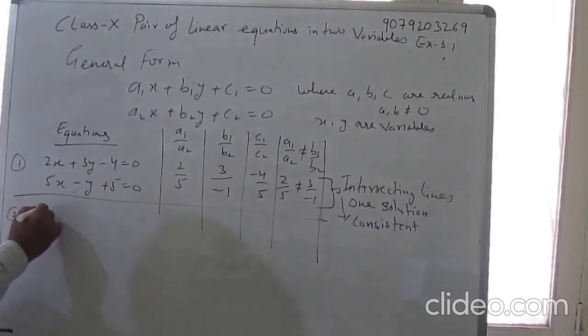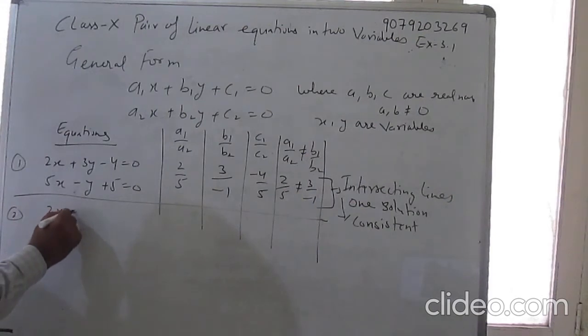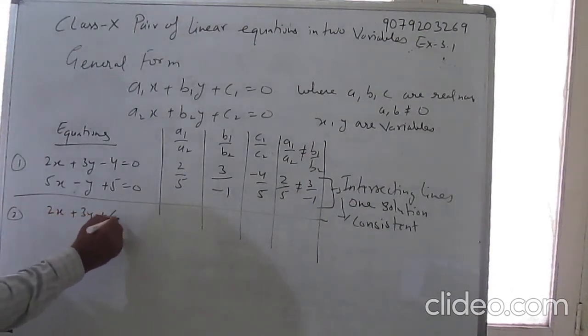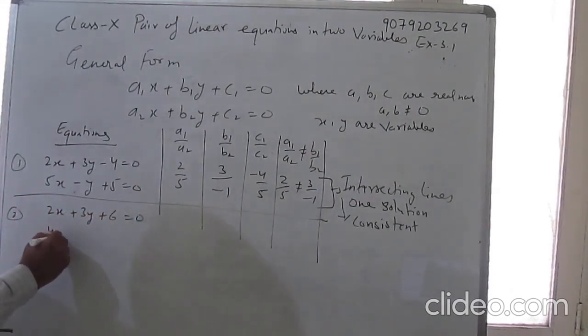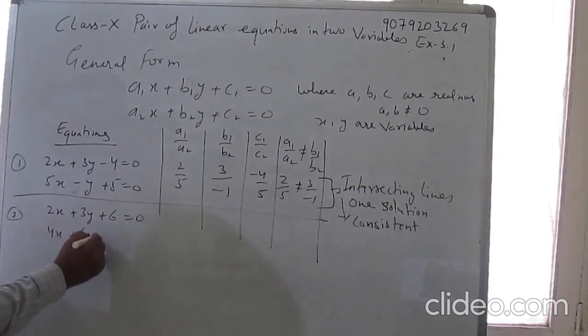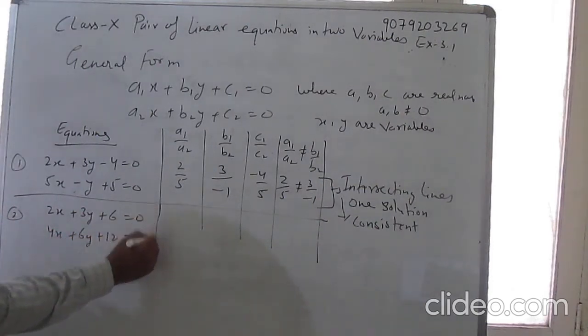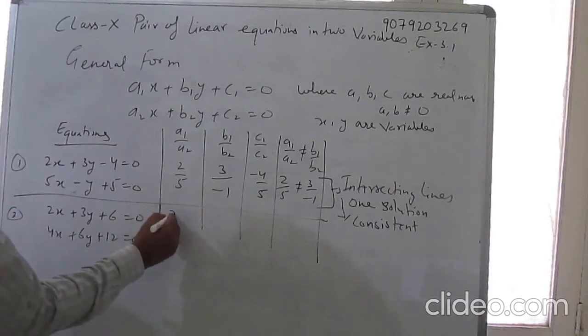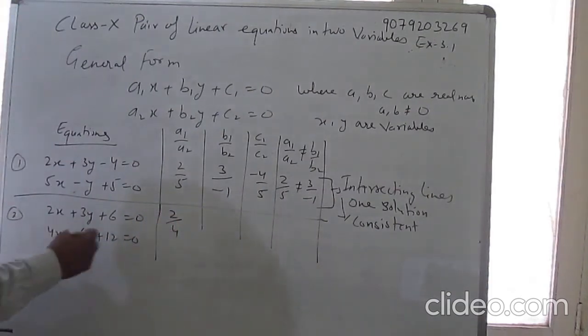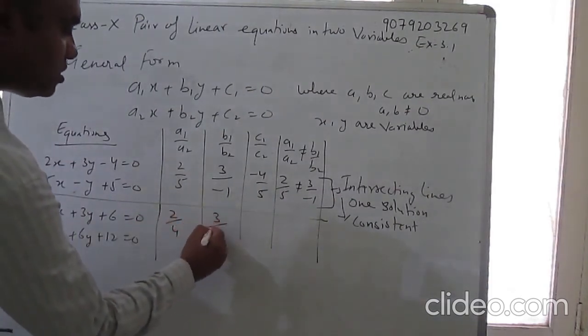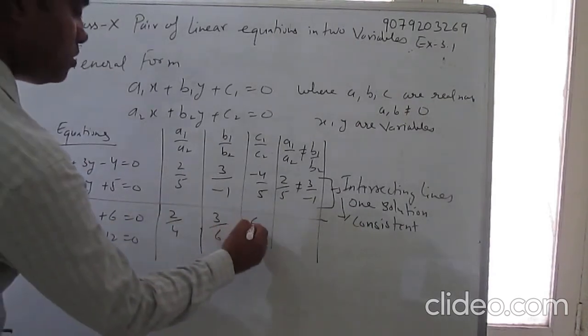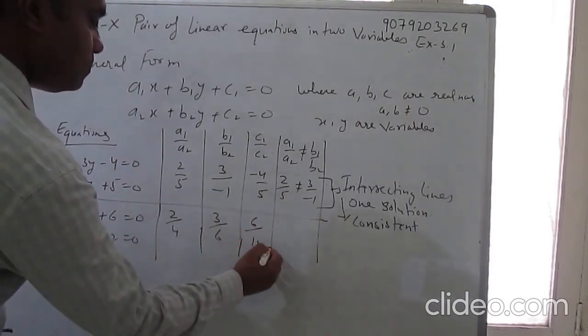Now if I take another set, suppose I take 2x plus 3y plus 6 is equal to 0, 4x plus 6y plus 12 is equal to 0. Here you see a1 upon a2 is 2 upon 4, 3 upon 6, 6 upon 12.